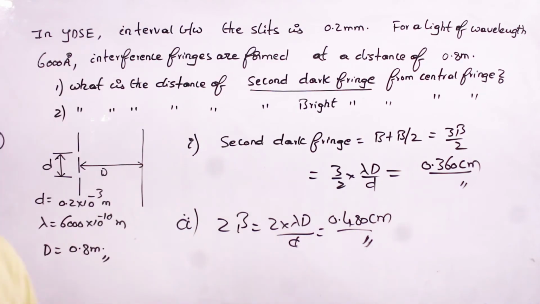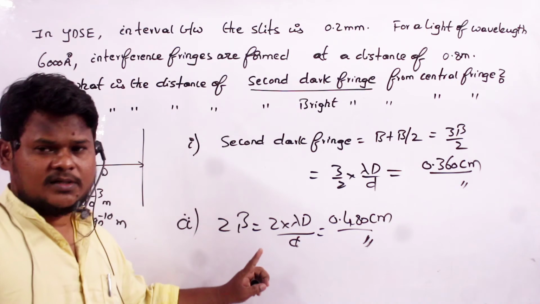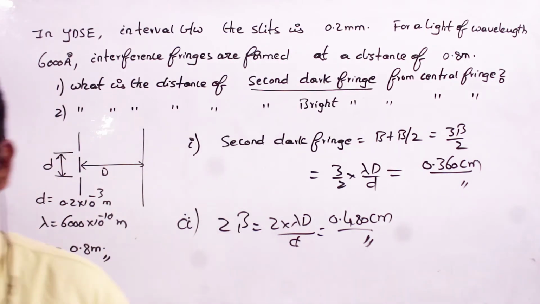Okay, that is the respective positions of the second dark fringe and the second bright fringe. Understood, no?